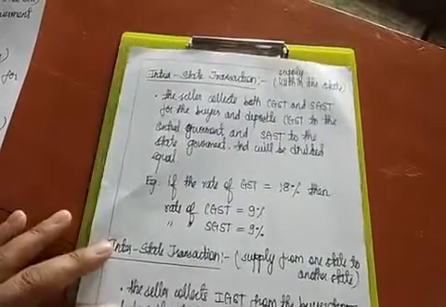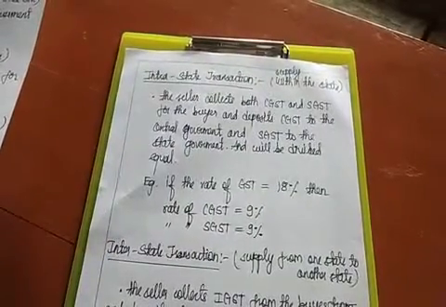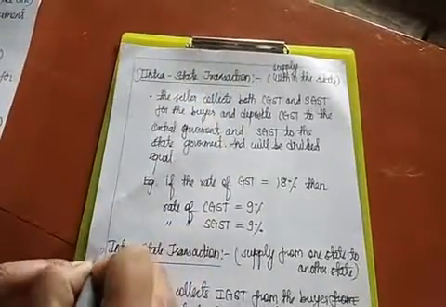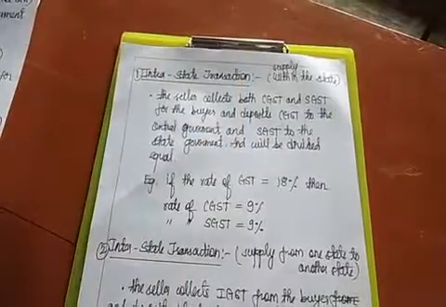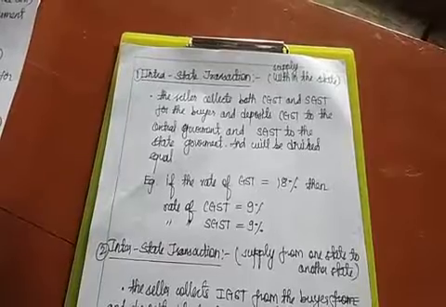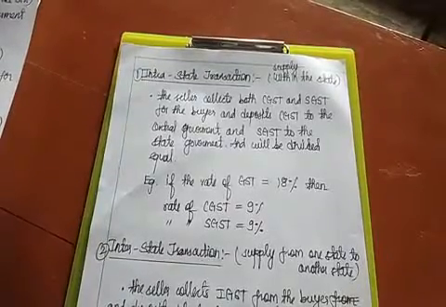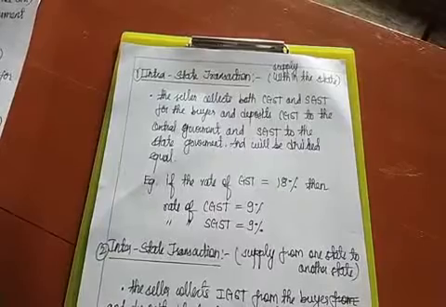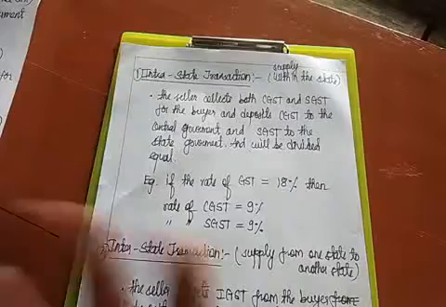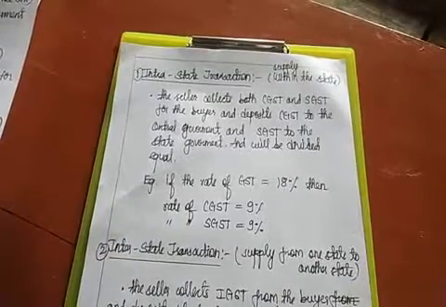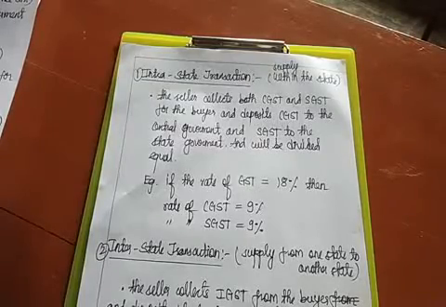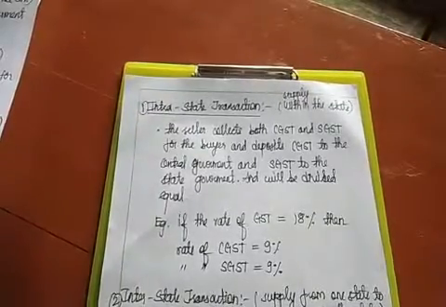Intra means within the state, like intra-class competition, and inter means from one class to other classes, like inter-class competitions. Transaction means the movement and supply of goods from one place to another.